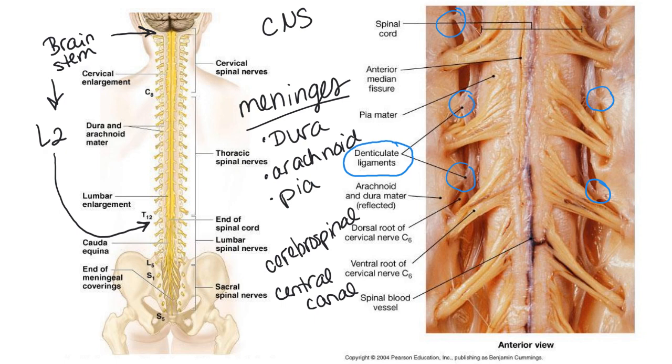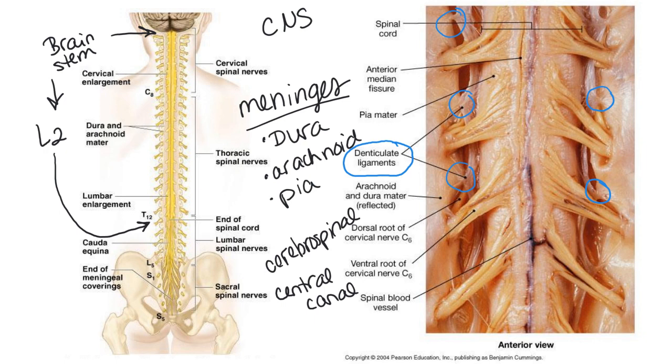If you think of the spinal cord like a tail, right, it's dangling down from the base of your brain. And so every time you move, you don't want it to swing into the walls of the spine. So the denticulate ligaments will help work with the dura mater to help anchor that spinal cord in place so it doesn't swing around so much and get bruised up.